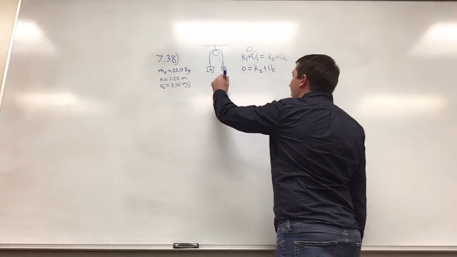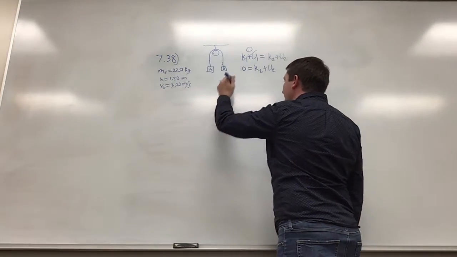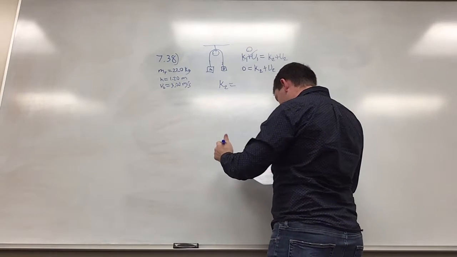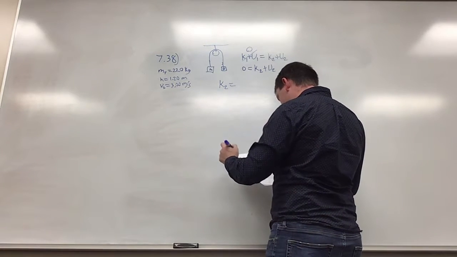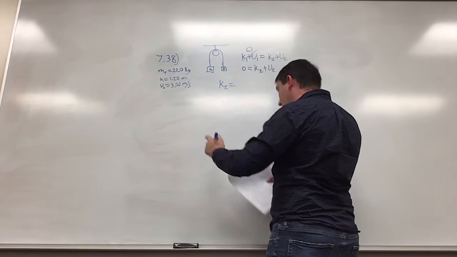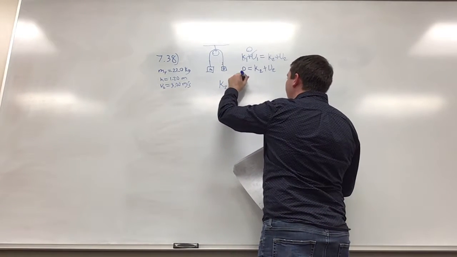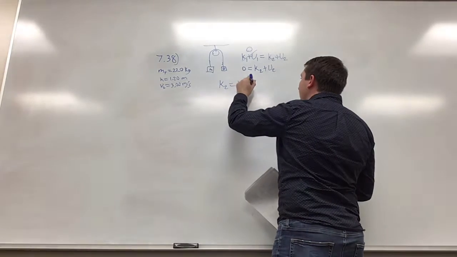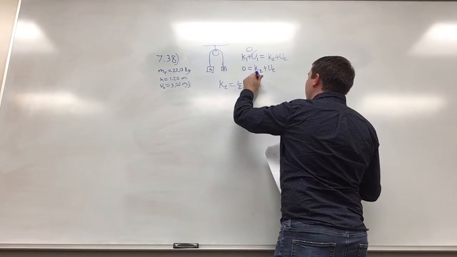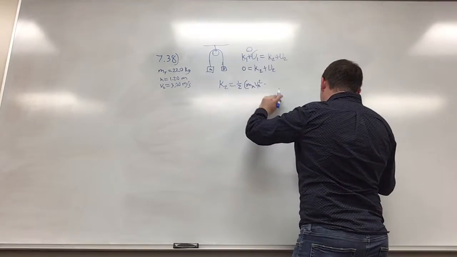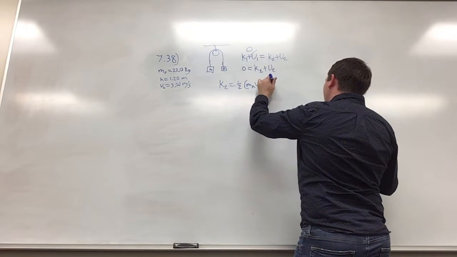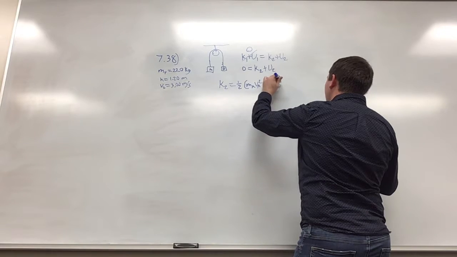So we know that the second kinetic energy is going to be equal to 1/2 times the mass of block A times its velocity squared plus the mass of block B times its velocity squared.